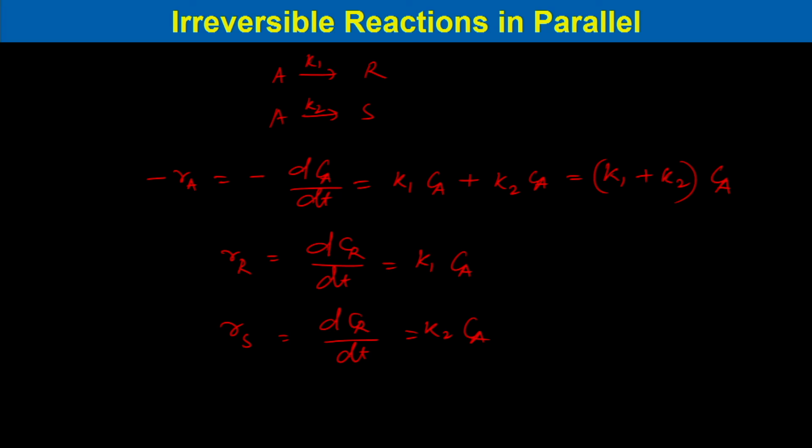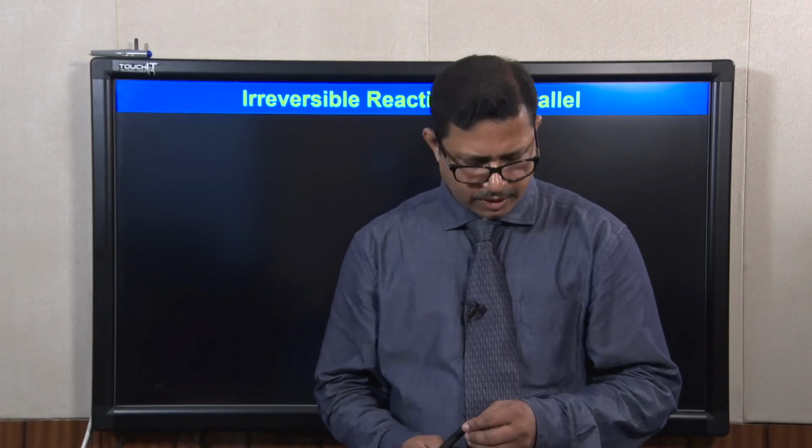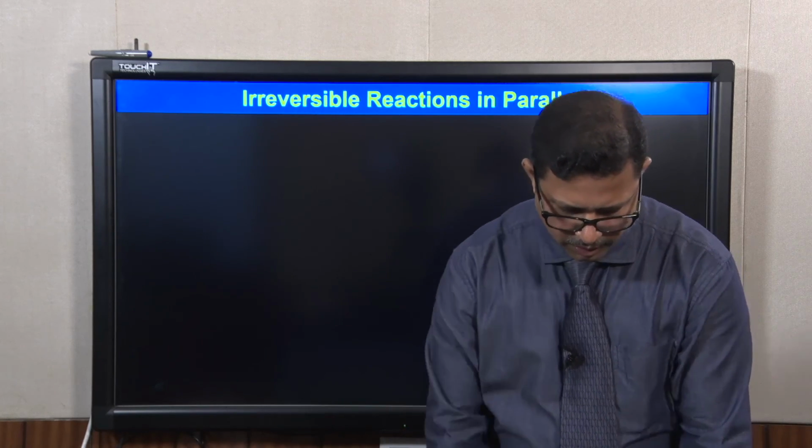Now, this is the first time we are encountering multiple reactions, and if there are n number of reaction components, then a single stoichiometric equation cannot give the concentration profile. So, we need n number of equations to describe the concentration profile.